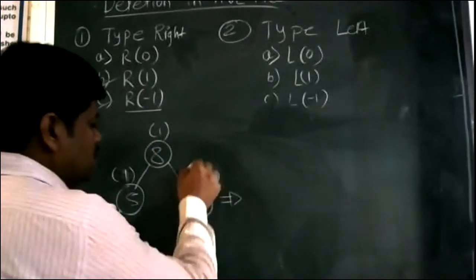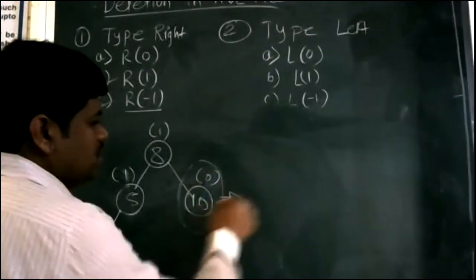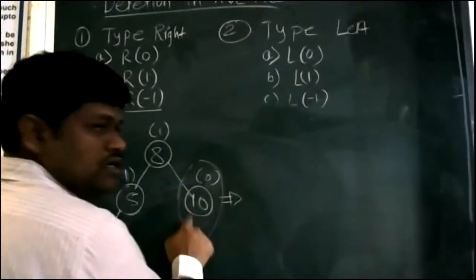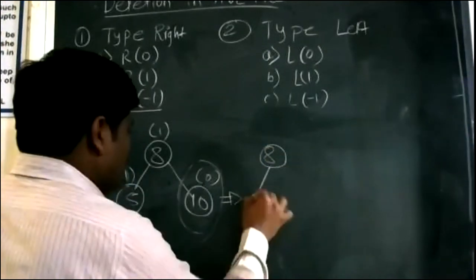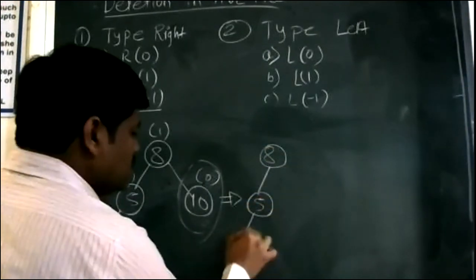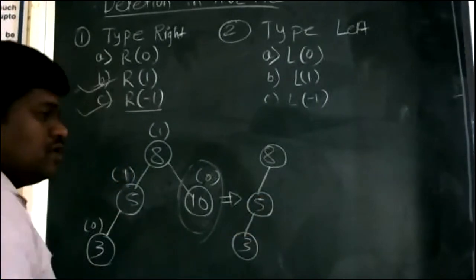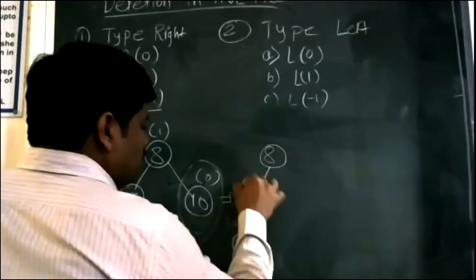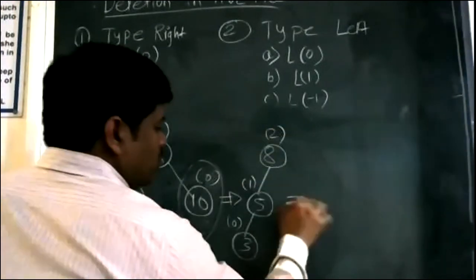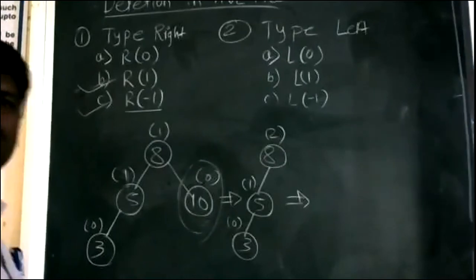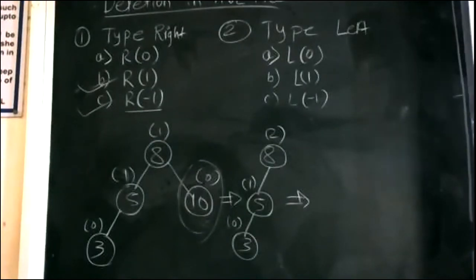After deletion of this 10, what is the tree? 8, 5, and 3. Now what is the balance factor of 3? 0. What is the balance factor of 5? 2. Now is it balanced? No. Now how to convert the unbalanced tree into a balanced one?